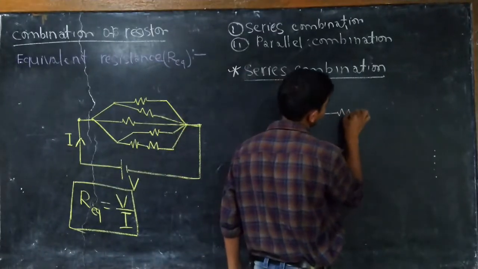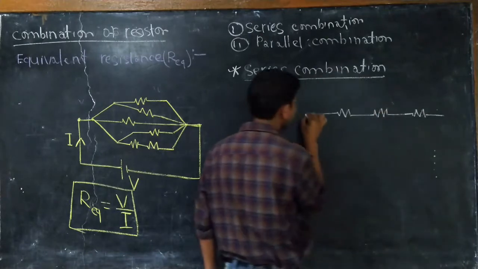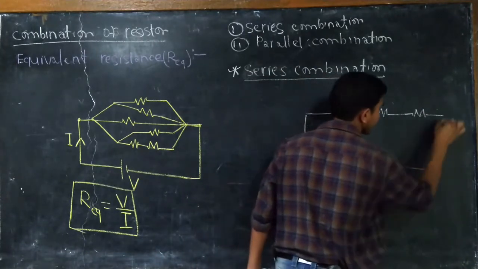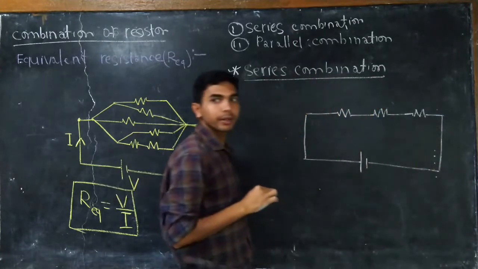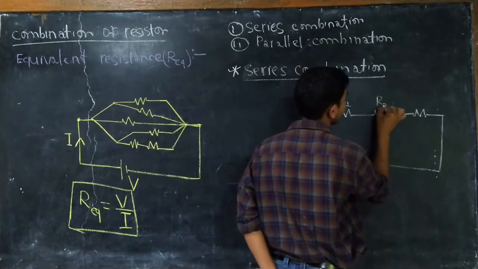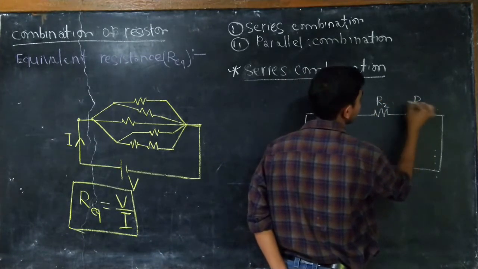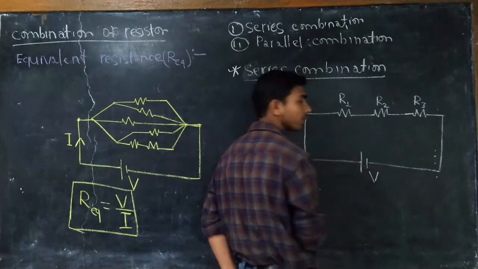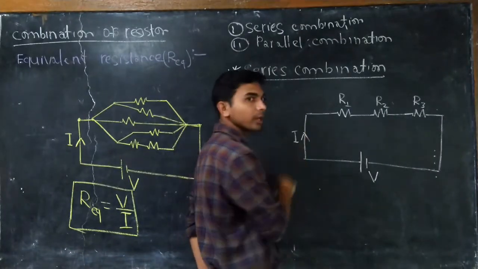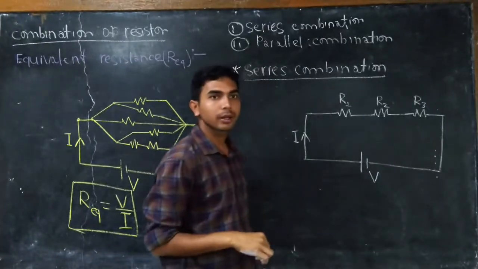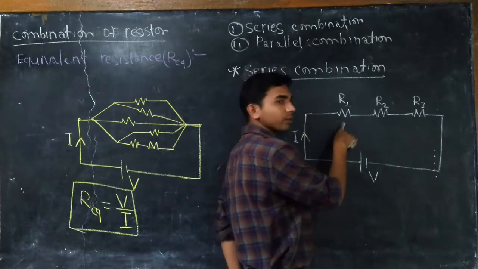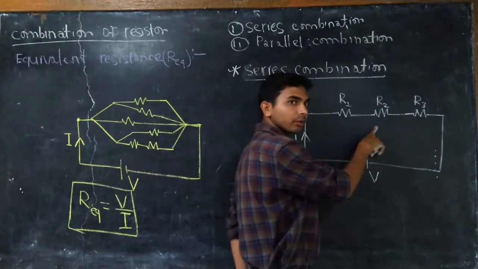If resistors are connected like this, that type of combination is known as series combination. Suppose this one is R1, this is R2, this is R3, and the battery has potential V. Current I will start flowing, and if I passes through this one, the same I will pass through this one.